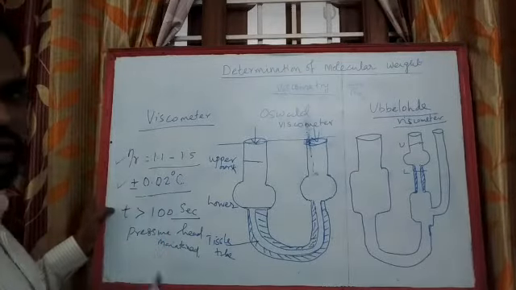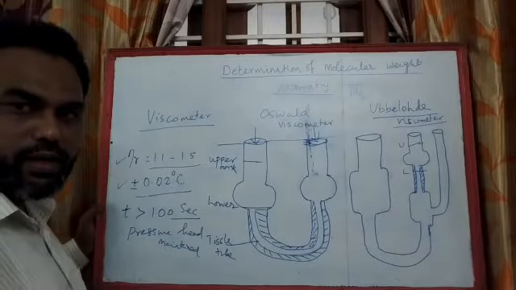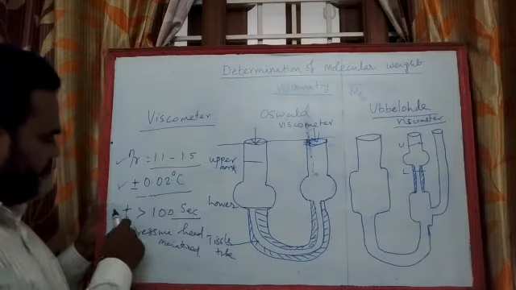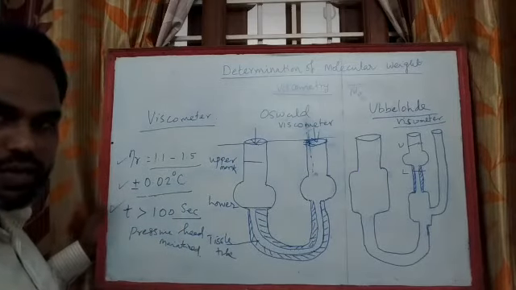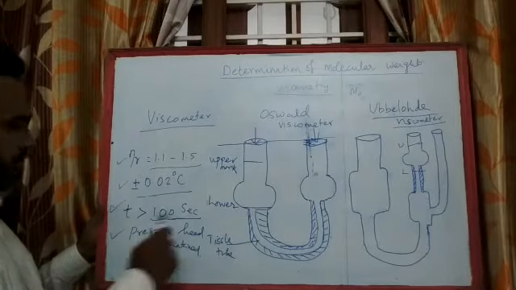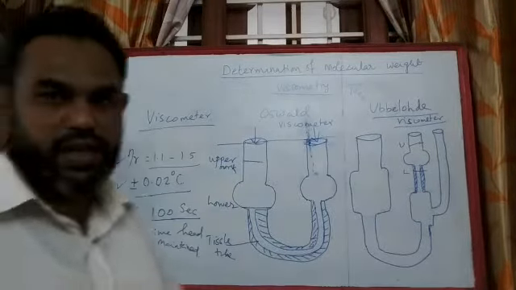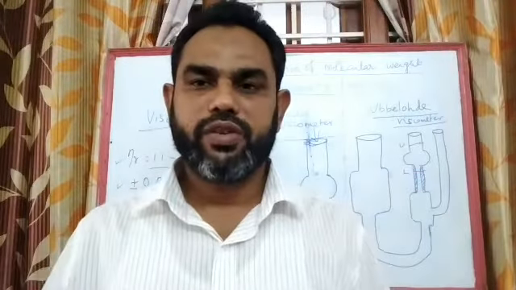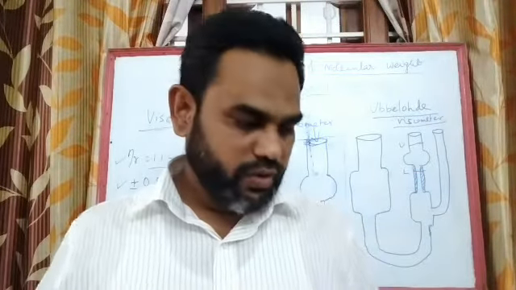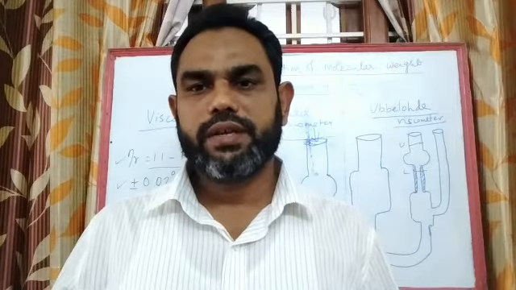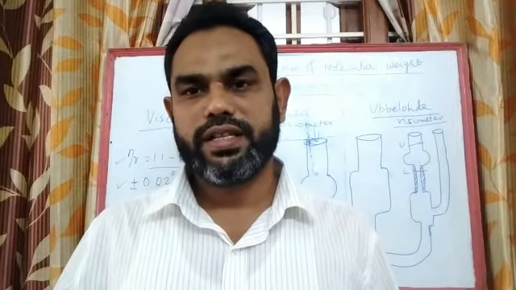Temperature should not be allowed to vary by more than plus or minus 0.02 degrees centigrade, and the flow time should exceed 100 seconds, and the pressure head should be maintained well, and there should not be much variation. It should be kept vertical. Okay, so with these precautions, you can go for the determination of intrinsic viscosity.